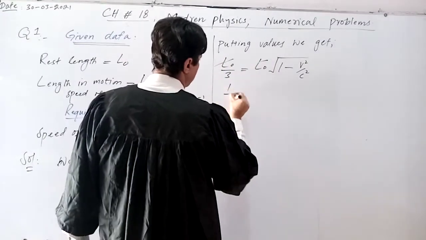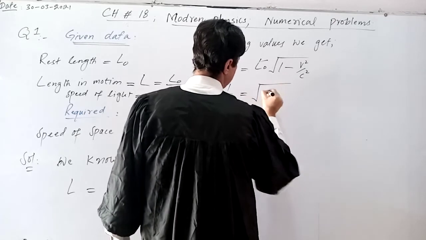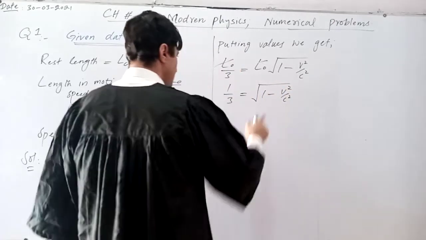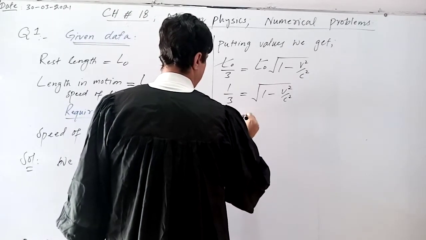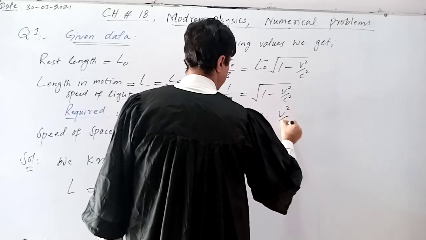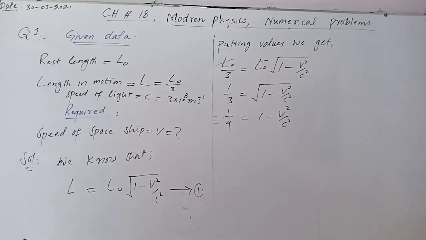So we get 1 divided by 3 equal to under the root 1 minus v square divided by c square. Taking square on both sides, we get 1 divided by 9 equal to 1 minus v square divided by c square.